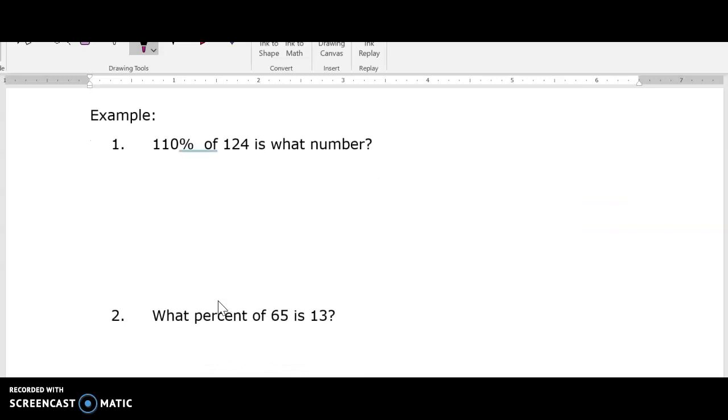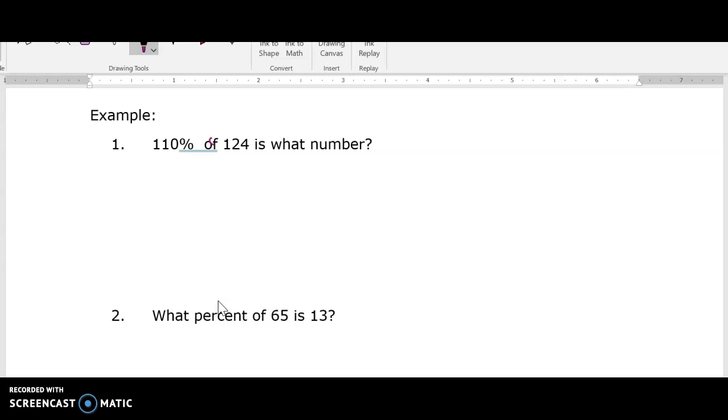So I'm going to do these as percent proportions, where it's part over whole, percentage over 100. 110% of 124 is what number?